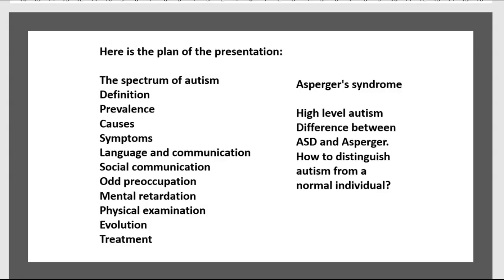The second chapter is about Asperger's syndrome. What is high-functioning autism? What makes the difference between autism spectrum and Asperger syndrome? And how to distinguish autism from a normal individual.